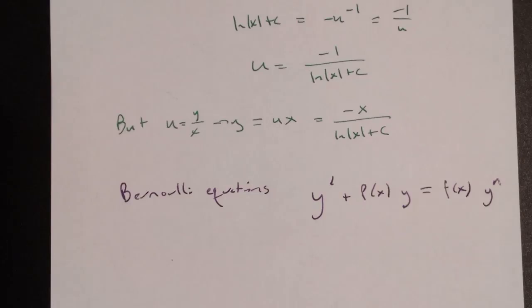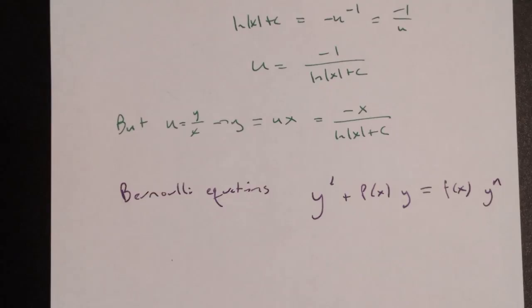They're nonlinear. If n is 0, this is a linear equation. If n is 1, then it would be separable, because then I could combine this y to the first with this y to the first. But if it's bigger than that, then I have a problem. And Bernoulli said, I hate this. This is atrocious. I don't like it. I'd rather get rid of it.